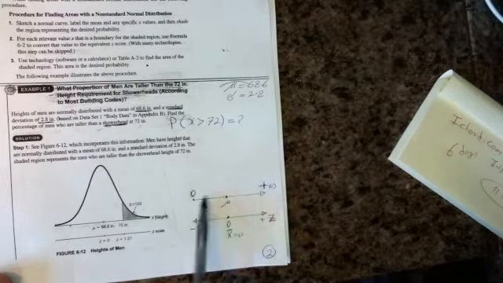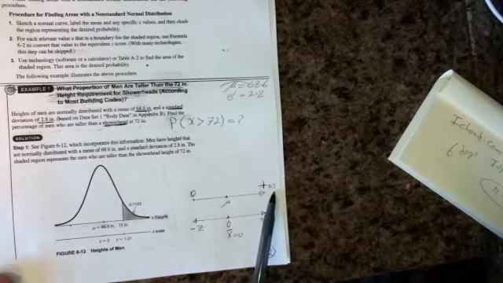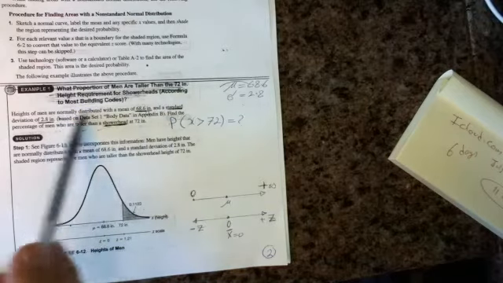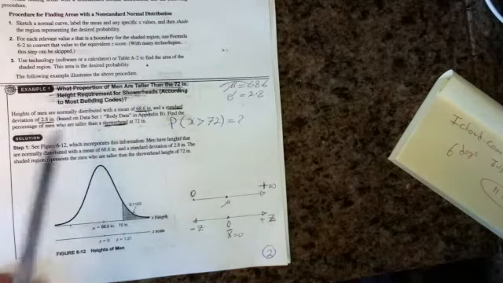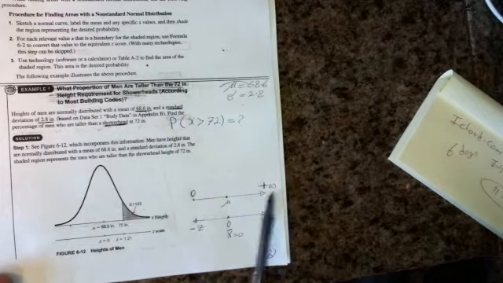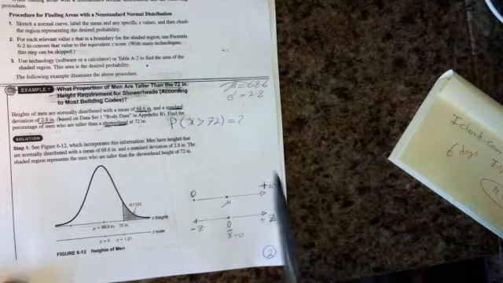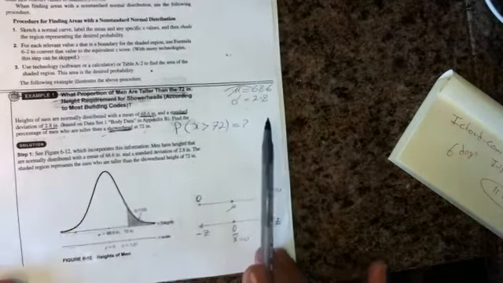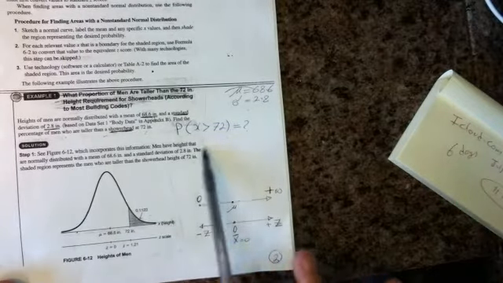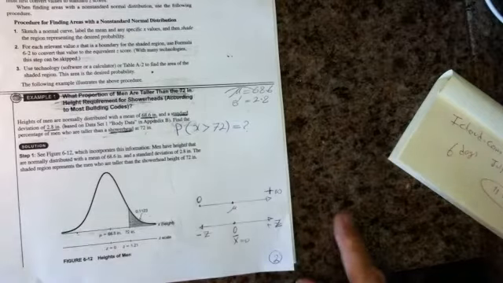But the X value is always positive because, like in this case, we are talking about people, so we have to use positive numbers. So in that case, we want to find the probability of X greater than 72. Since our table is based on Z, we have to do the conversion from X to Z value.